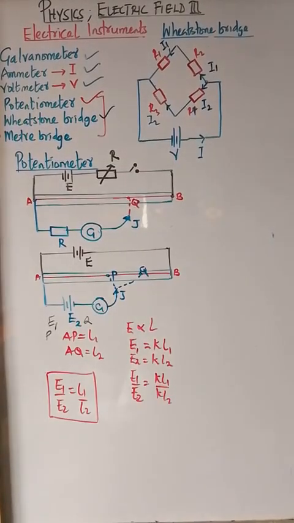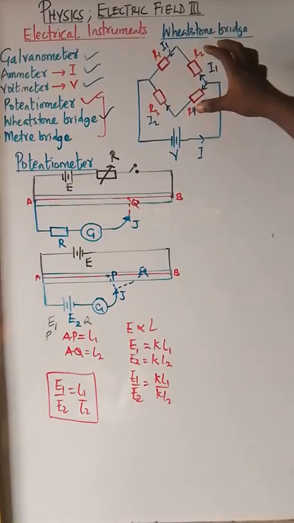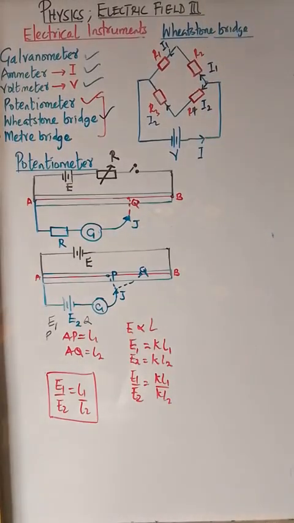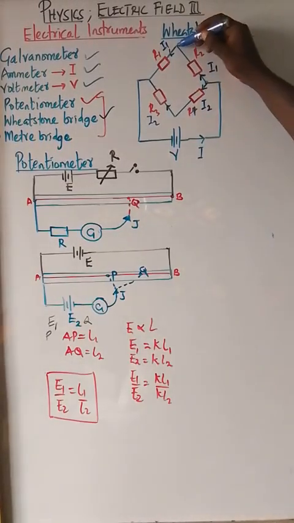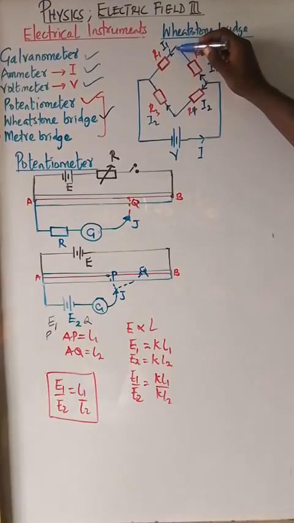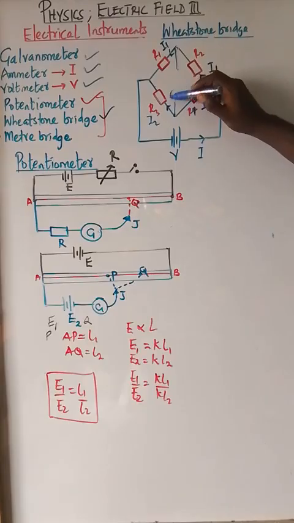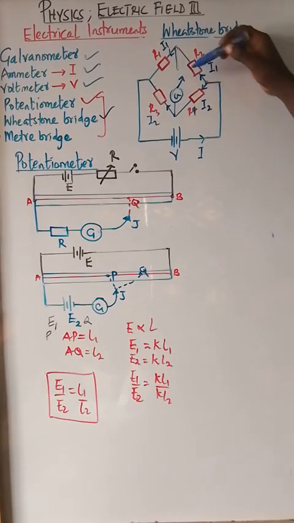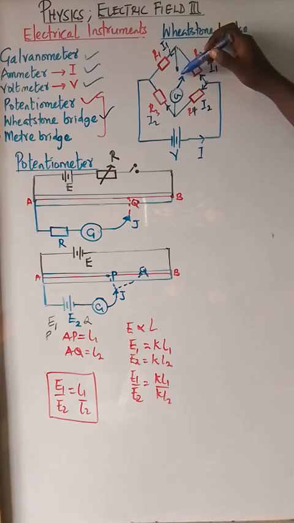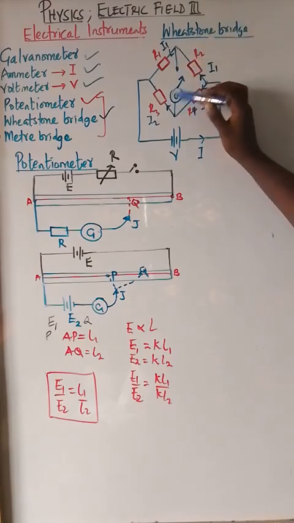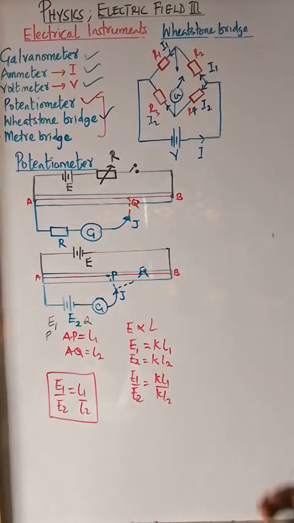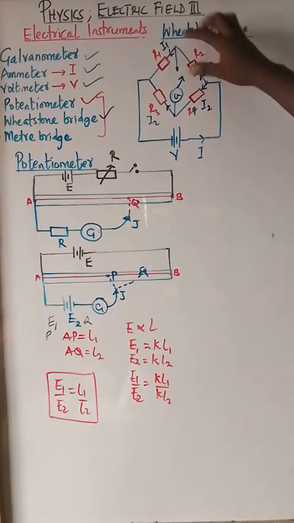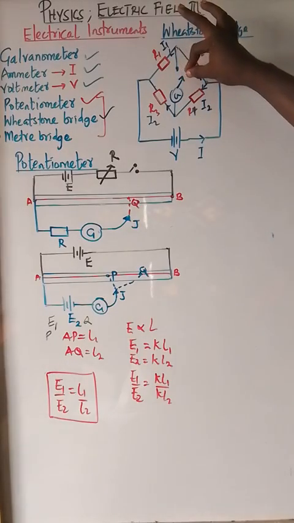But we cannot be certain that this arrangement will be balanced this way. So for us to be certain that it is balanced, between this point and this point, let's suppose we have a galvanometer. If this galvanometer shows no deflection, it means these 2 points are like a single point, like a node.